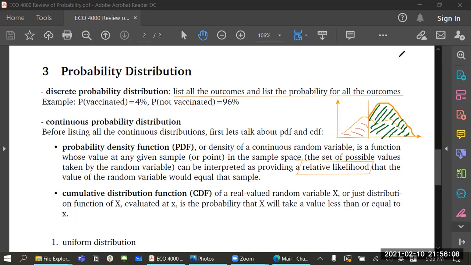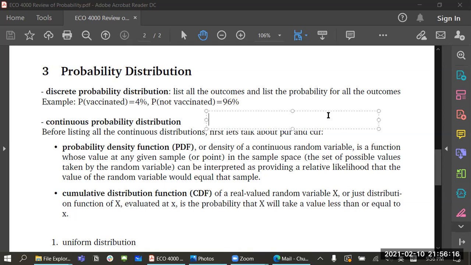One thing to remember, very important, is that the area under a PDF has to be 1. Area under a PDF is 1. So then we go to CDF.